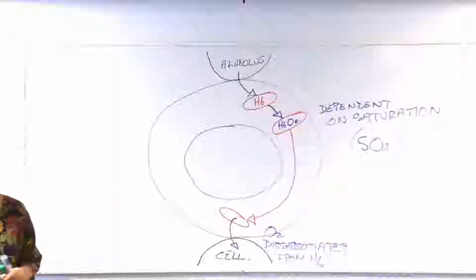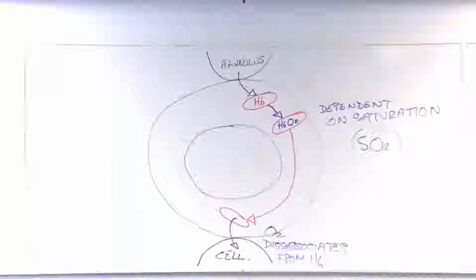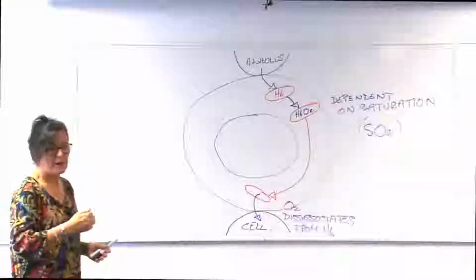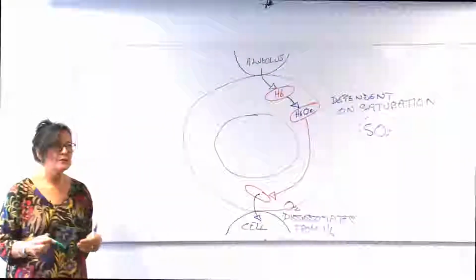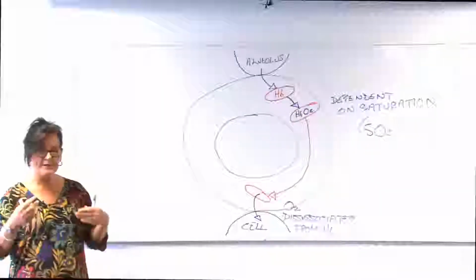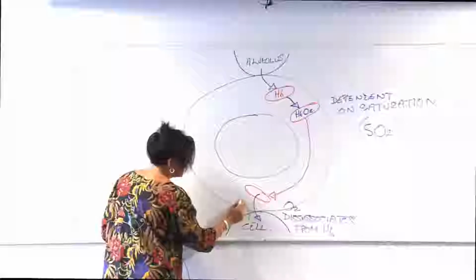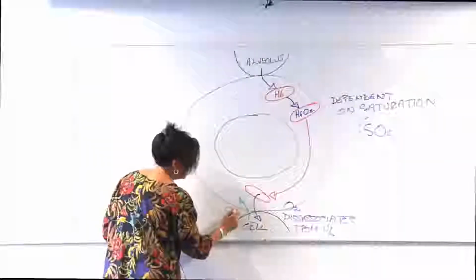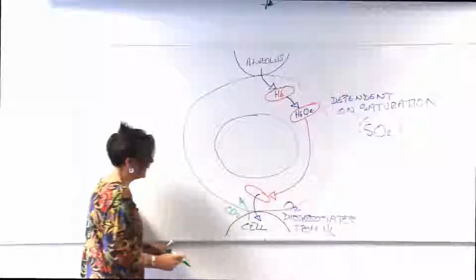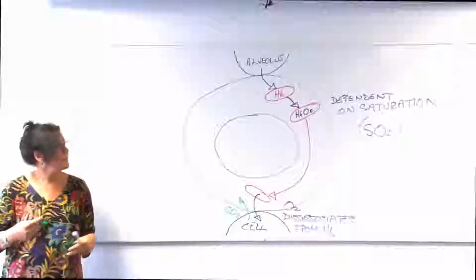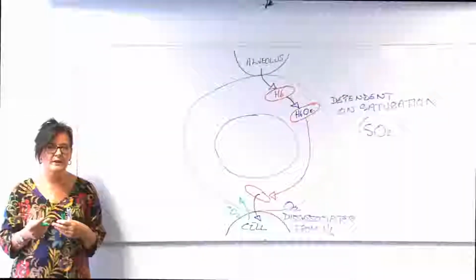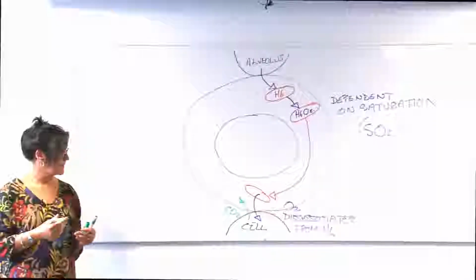So oxygen's fairly straightforward. Carbon dioxide, of course, is where we start to get into our chemical equations. So in terms of carbon dioxide, in order to diffuse out of the cell, it diffuses out as carbon dioxide. So here we have CO2 diffusing out of the cell. To be transported, it needs to be converted to bicarbonate.